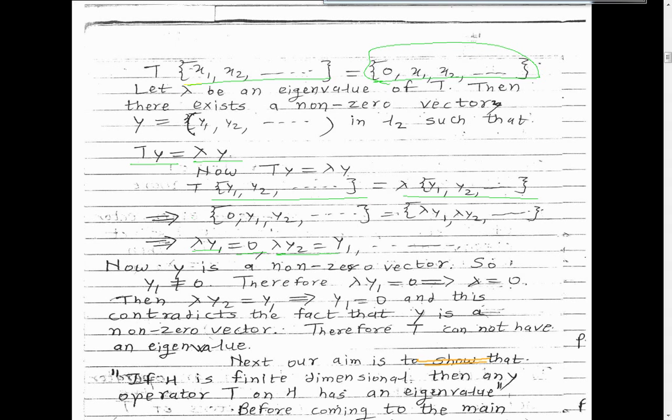Since at least one of the y's is non-zero, we can say that lambda must be 0. So T cannot have any eigenvalue.